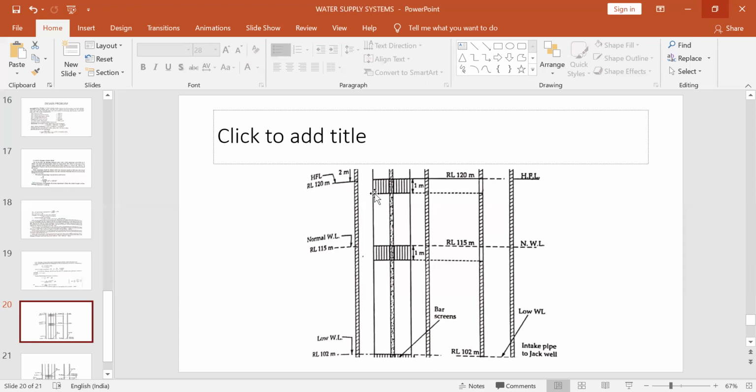As per the question, the RL of the HFL is 120 meter, and the depth of the port is 1 meter. So another port we are providing at RL 115, and another port at RL 102. So for all the 3 water levels, the HFL, the NWL, and the low water level, we are providing the top of the port at the same RL as the water levels given in the question. So that is clear now.